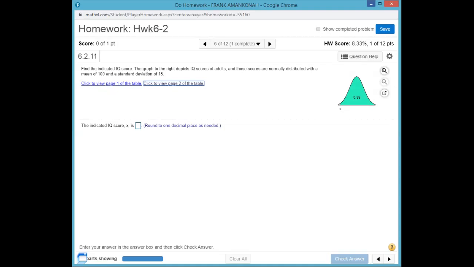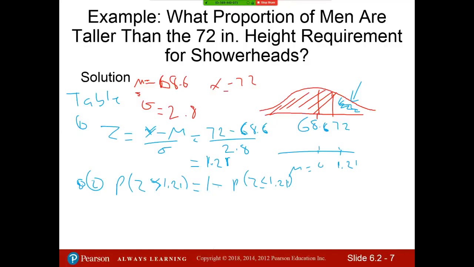If I go back to my screen, this probability is equal to 1 minus 0.8869. And when I subtract, I get 0.1131.